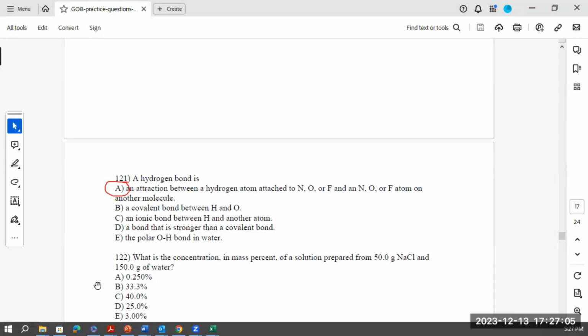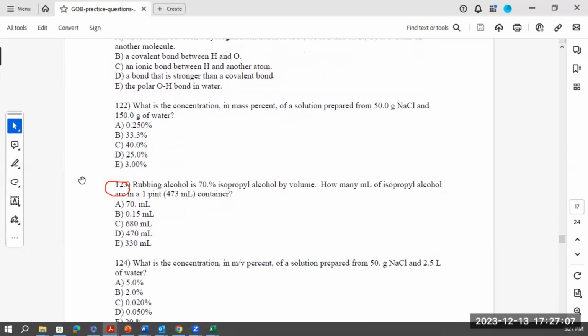Okay, the next one. What is the concentration in mass percentage of a solution prepared from 50.0 grams of sodium chloride and 50.0 grams of water? Mass percent. Do you guys remember that?